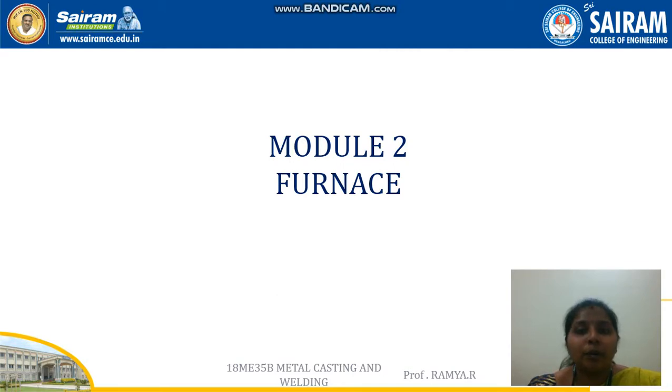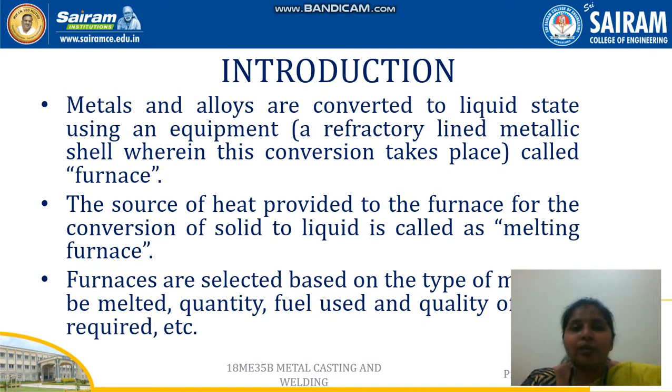Now let us see what the furnace is. First of all we should know what the furnace is and what the purpose of using it is. Metals and alloys are converted into a liquid state using equipment called a furnace, a refractory lined metallic shell wherein this conversion takes place.